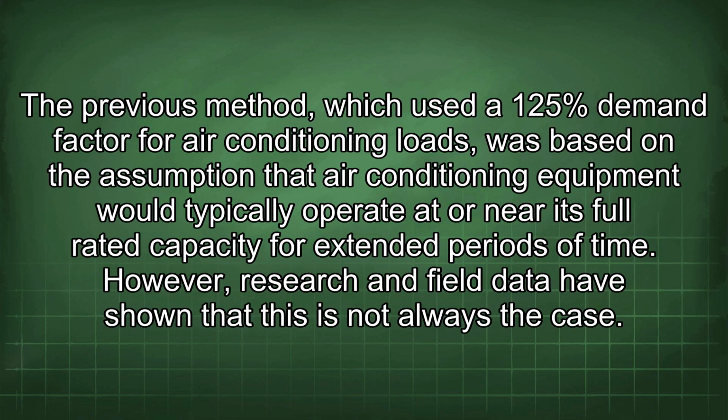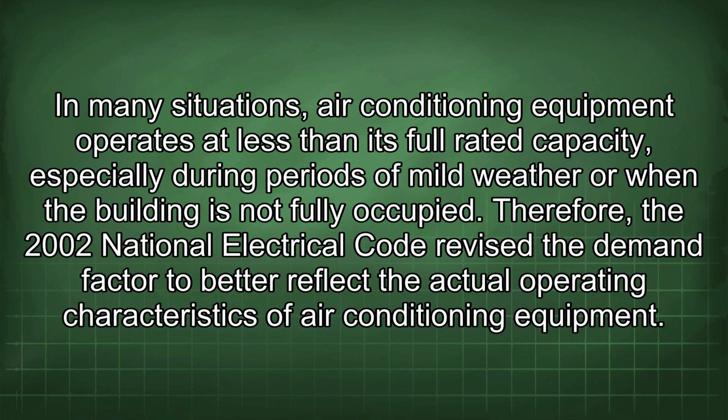The previous method, which used a 125% demand factor for air conditioning loads, was based on the assumption that air conditioning equipment would typically operate at or near its full rated capacity for extended periods of time. However, research and field data have shown that this is not always the case. In many situations, air conditioning equipment operates at less than its full rated capacity, especially during periods of mild weather or when the building is not fully occupied.